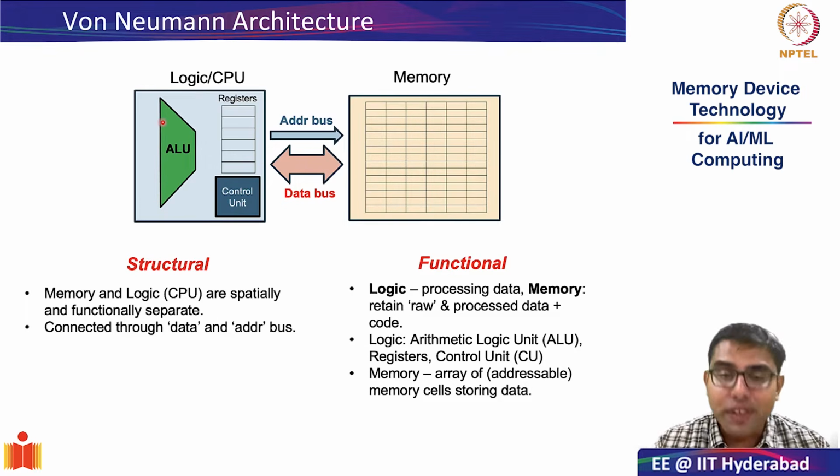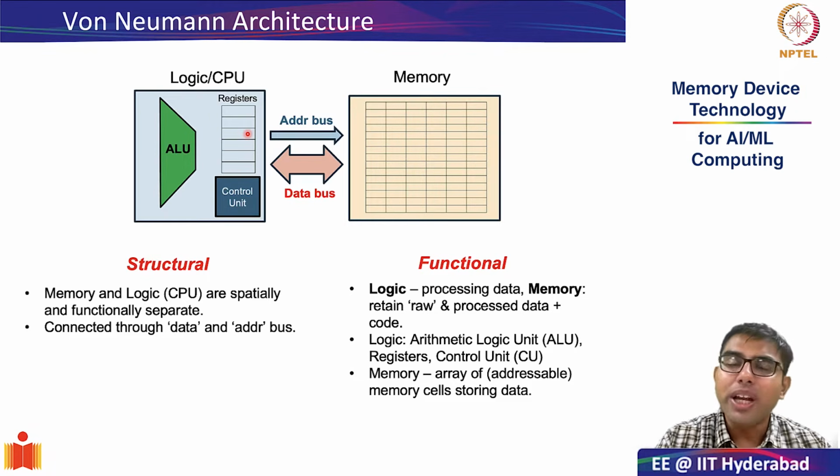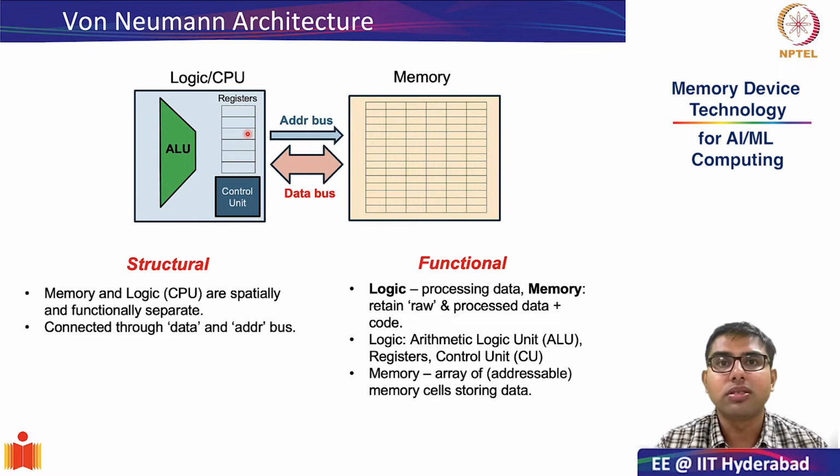This is facilitated by two other elements. One is a local register and the other is the control unit. What is the role of the local register? It is very simple. It is to behave like a memory or storage element for the most recent operations that will be done in the arithmetic logic unit.